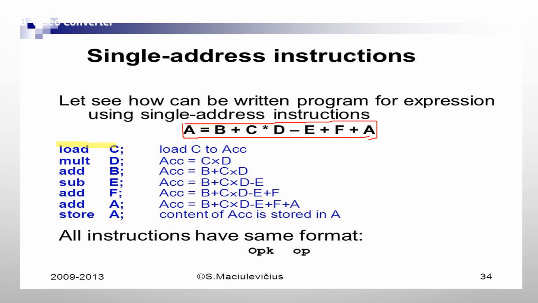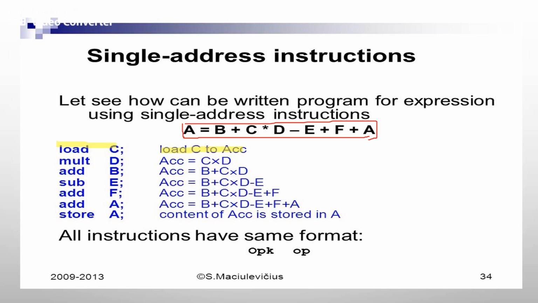In the case of a single address instruction, we will have one opcode followed by source or destination. So load the content of C to the accumulator. The instruction load C will load the content of C to the accumulator register.